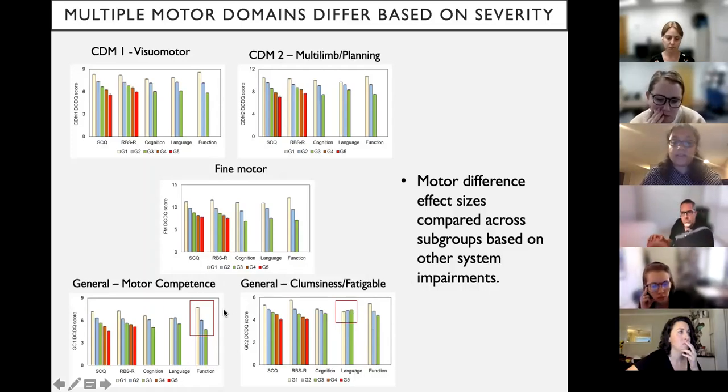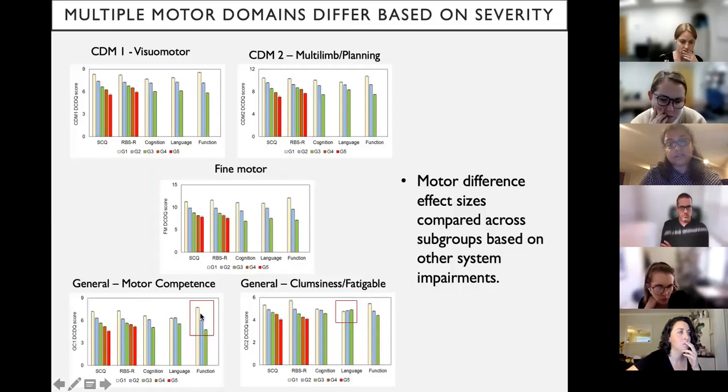But sometimes it does a great job. For example, here, general motor competence, those first 3 questions did a great job of explaining variation in function; motor performance or motor competence reduced over increasing levels of functional delay.